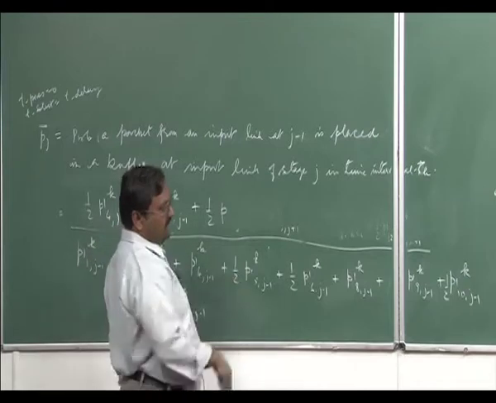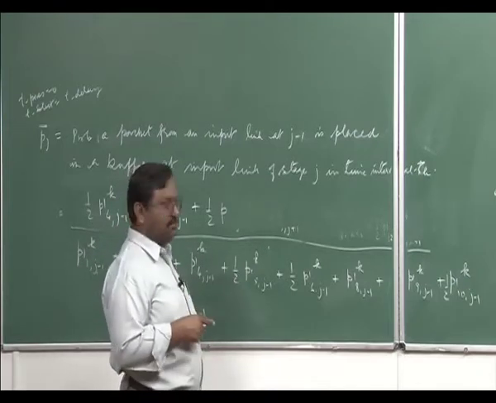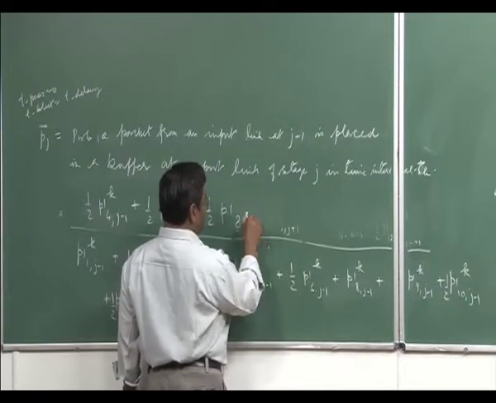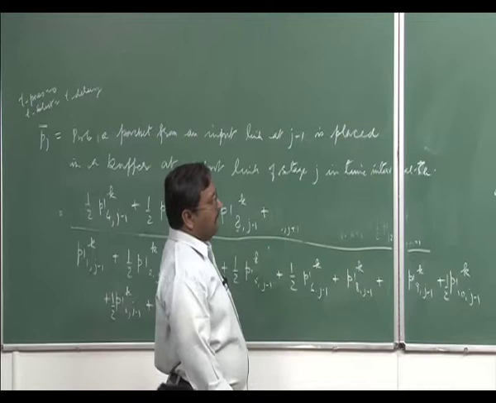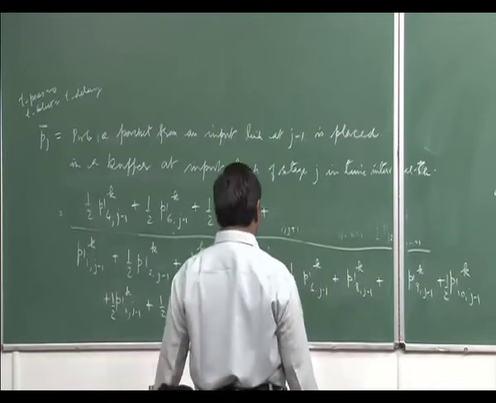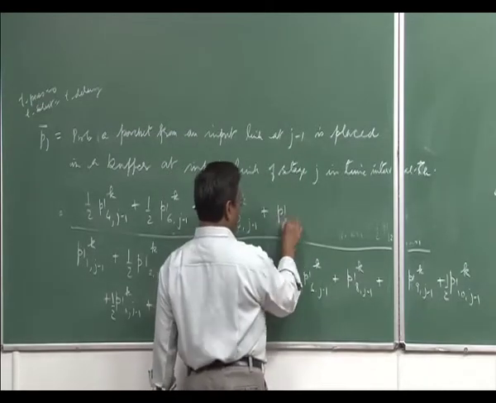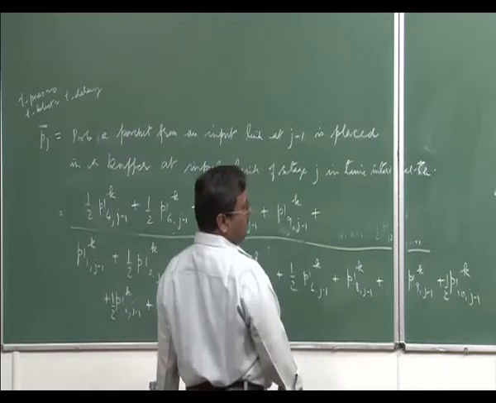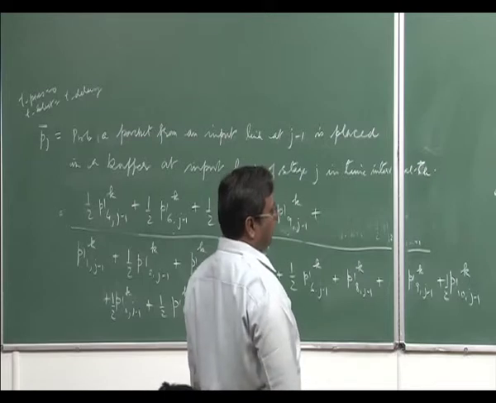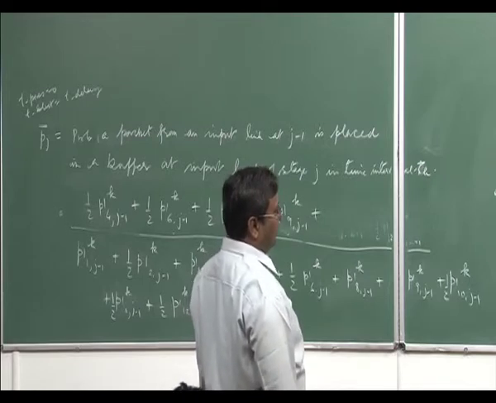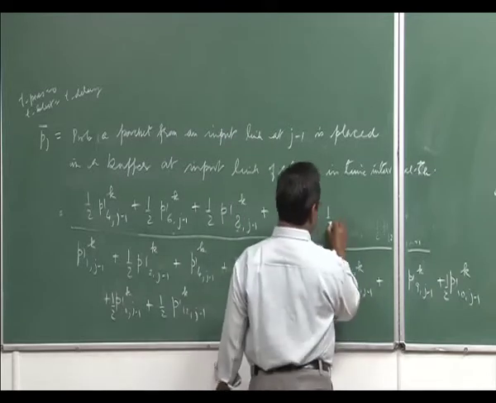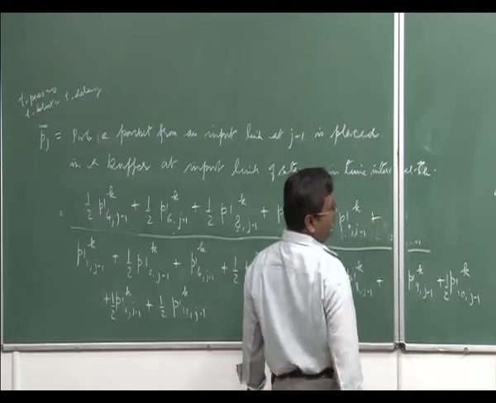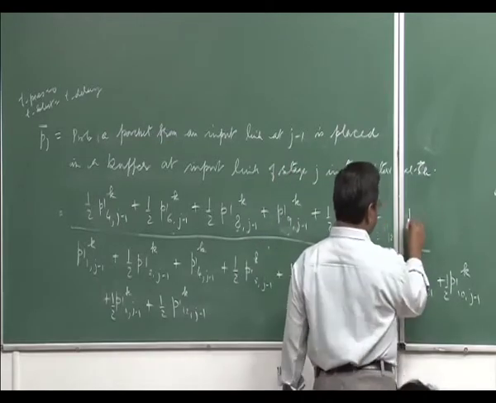While in the denominator it must be actually full probability, because both outgoing links are free. Ninth, yeah, it will be full. 10, nothing will be there, no packet can come in. 11, yes, packet can come, it will be half. 12 also will be half.